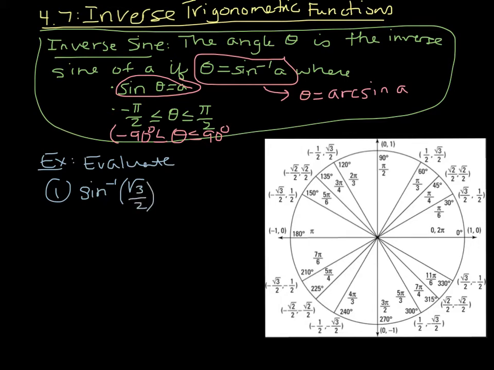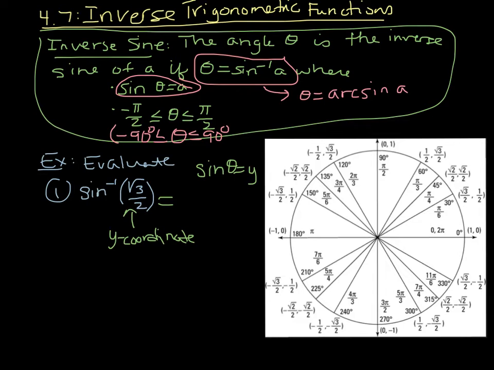If you remember when we did the unit circle, we found stuff on the unit circle by remembering that sine of an angle was equal to the y-coordinate. In this case, if we would like to find the inverse sine of something, this radical 3 over 2 is going to be the y-coordinate, and we want to figure out where the corresponding angle is.